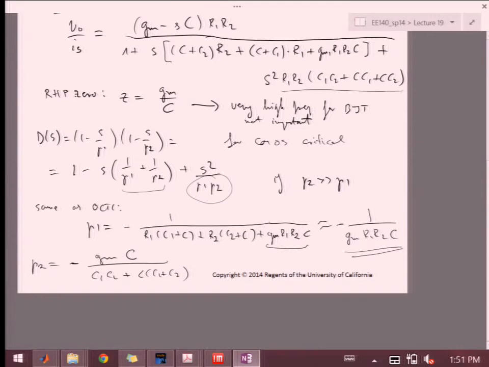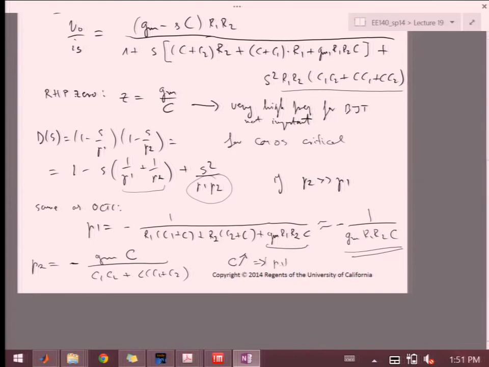Okay, now things get interesting. If you take a look at these two expressions, what happens with pole 1 as C increases? Its magnitude gets smaller.